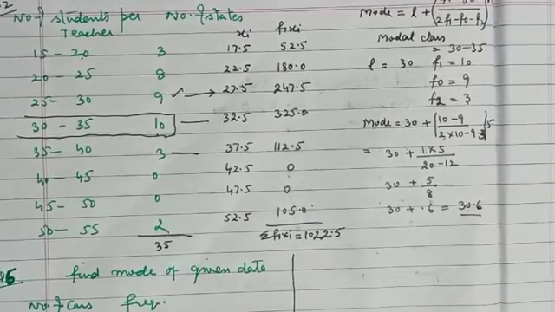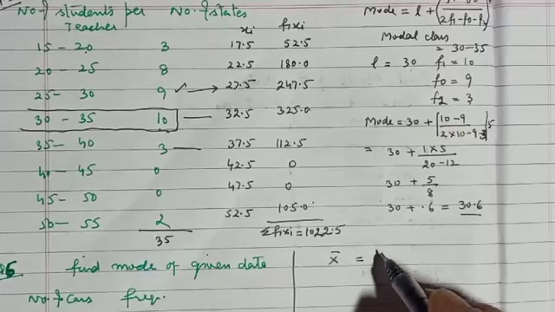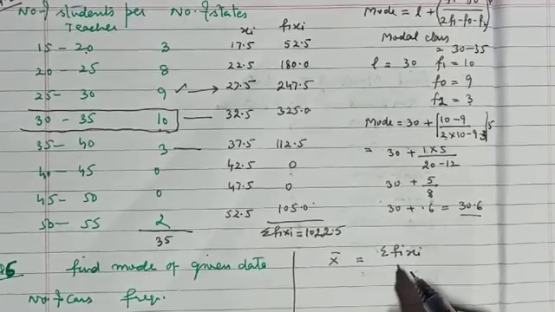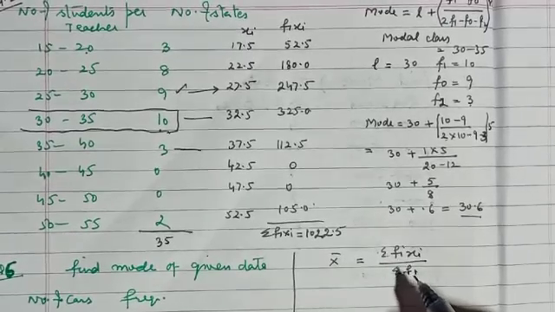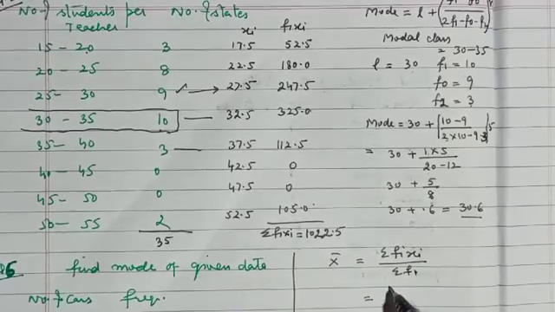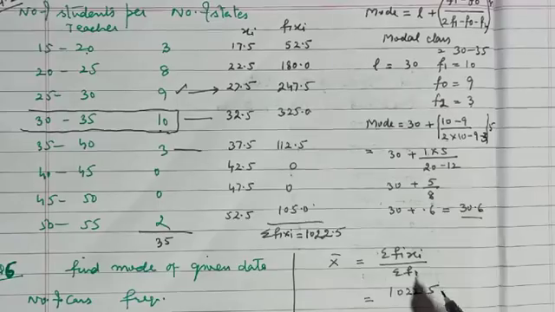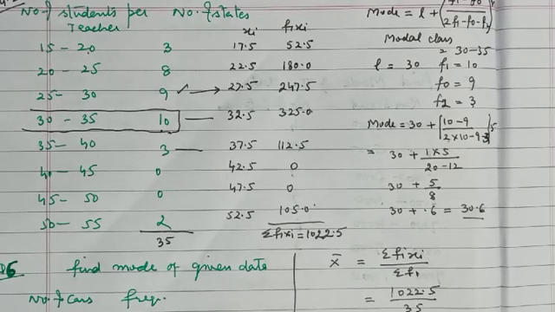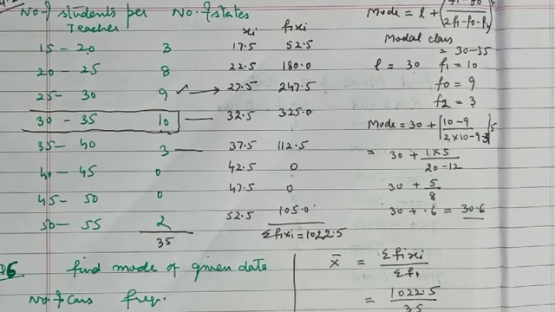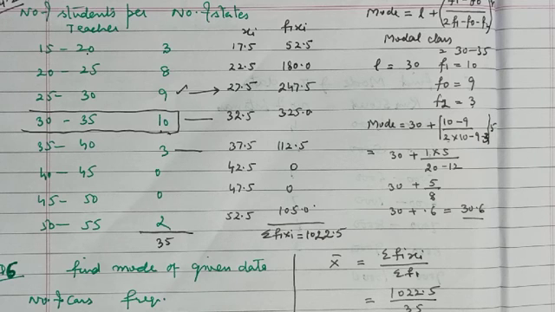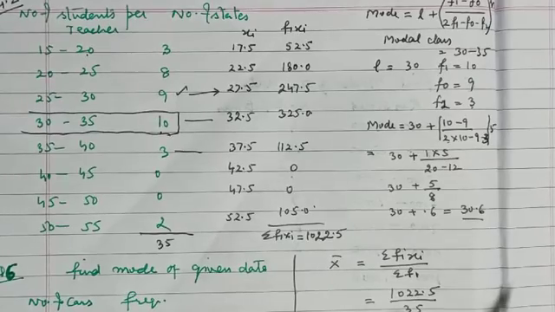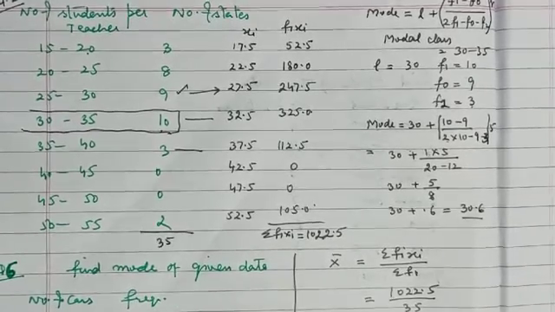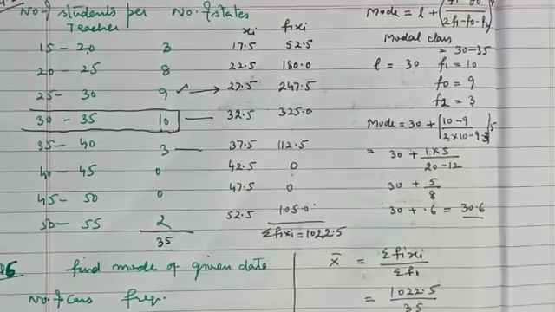So we will have mean equals to sigma Fi xi divided by sigma Fi, and it will come out to be 1022.5 divided by 35, and when we divide it, it will come out to be 29.21. This will be the value of mean.